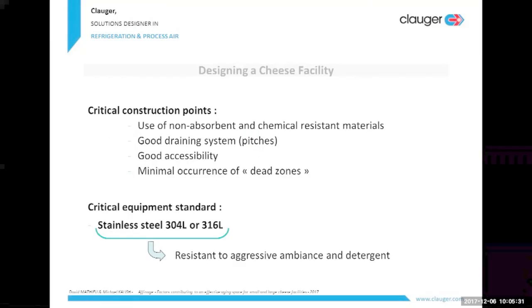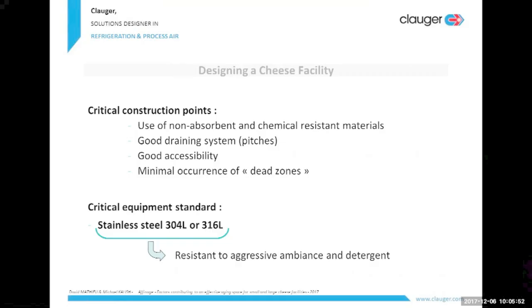Critical construction points. You have to make sure to use non-absorbent and chemical-resistant material. These parameters are valid for the air treatment, but also for the walls, the floor, the ceiling, a good draining system, pitches that can be on the floor and also in the equipment.